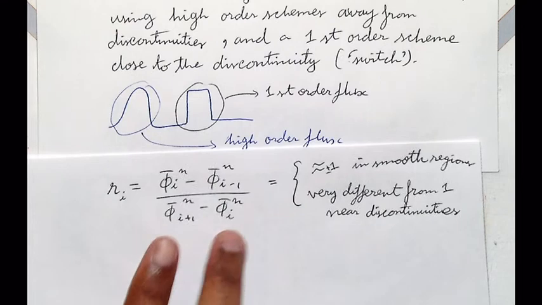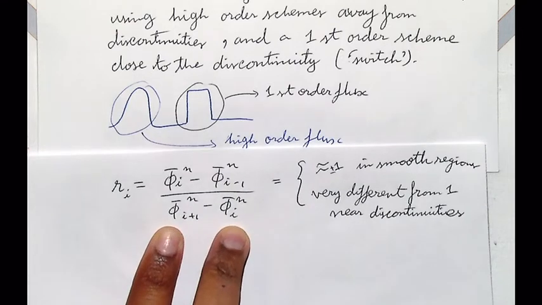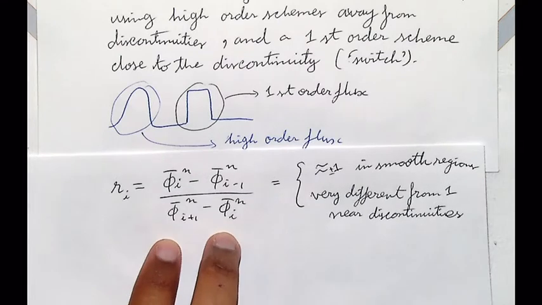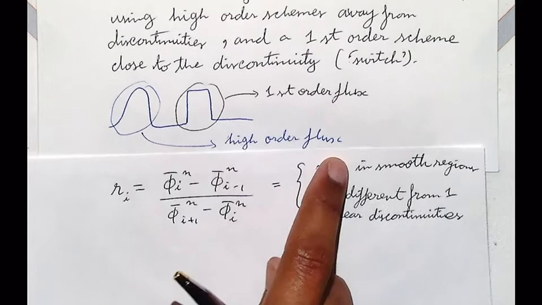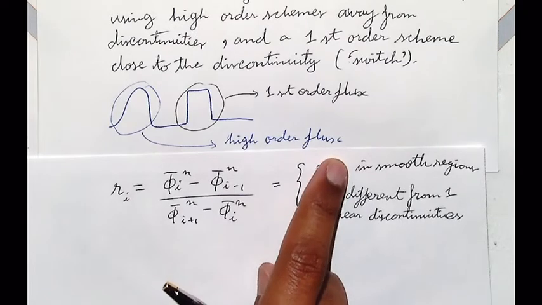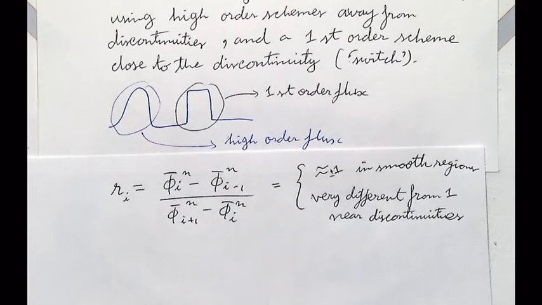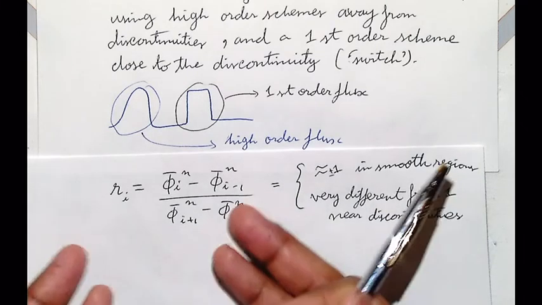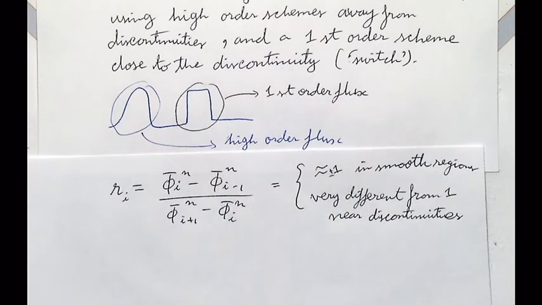Because if these two numbers are very large, the ratio might be 0. That's what happens at shocks, right? So you want to be as close to 1 as possible. Any deviation from 1 means the region is getting non-smooth. So this is sort of an indicator of smoothness.